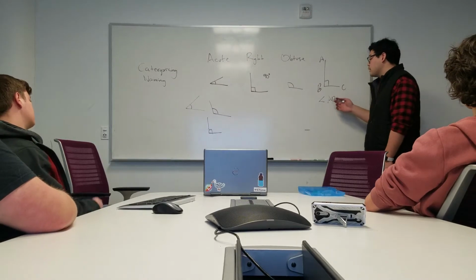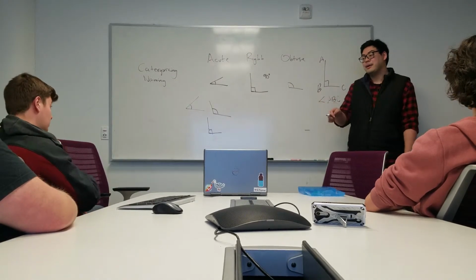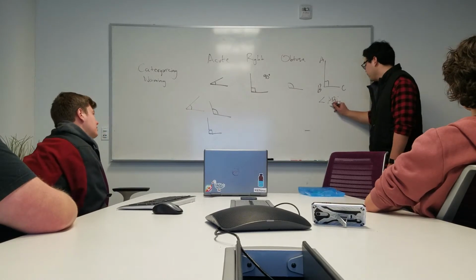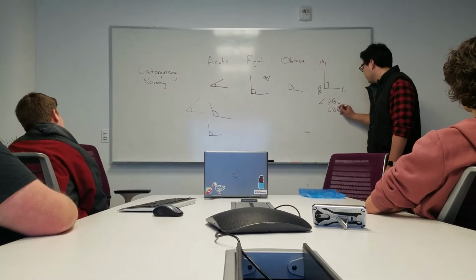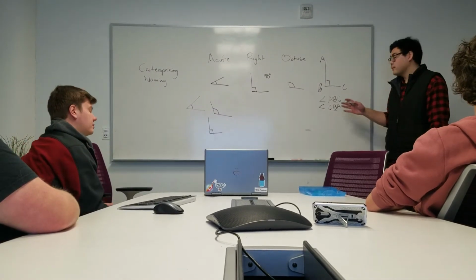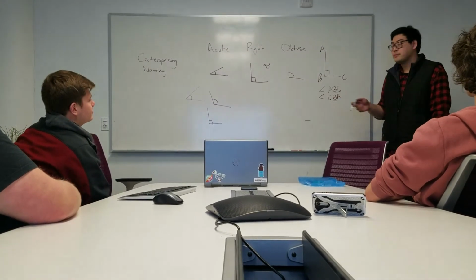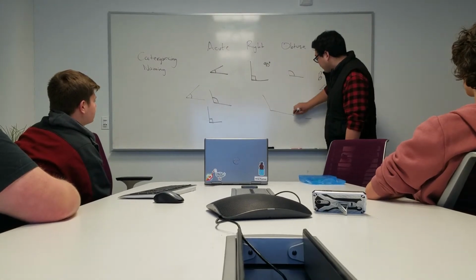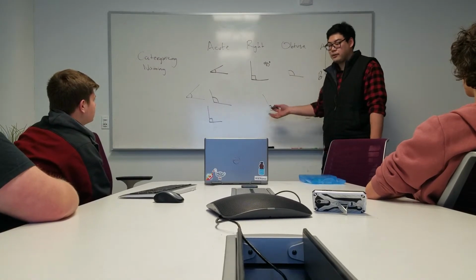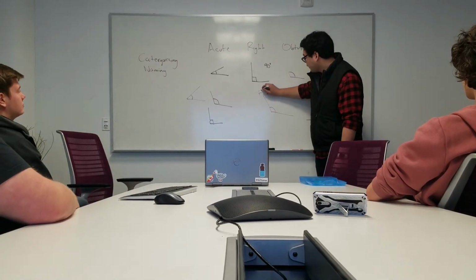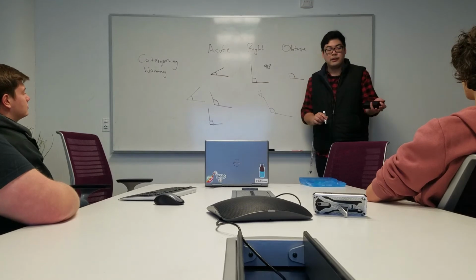There is another way to name this angle, Matt. What's another way to name this angle? CBA. That's right. That's another way you can name this angle. Let's do some practice. Let's say we have this angle right here. It's an obtuse angle. Thomas, give me a letter. H. Henry, give me a letter.